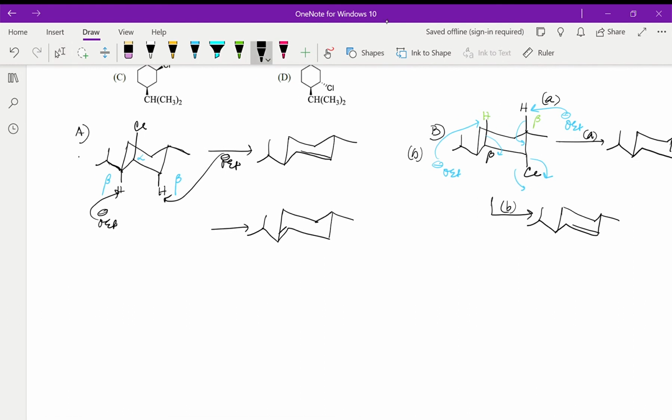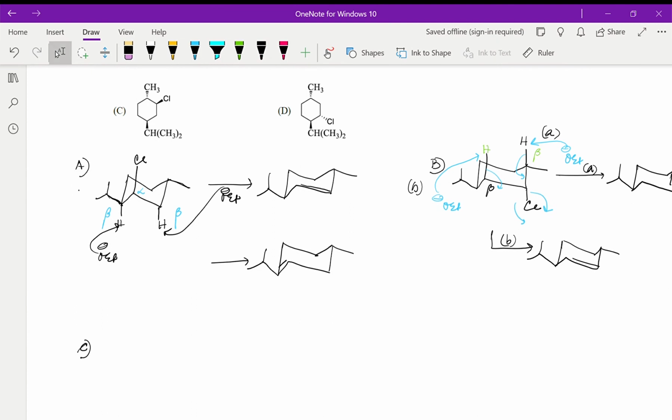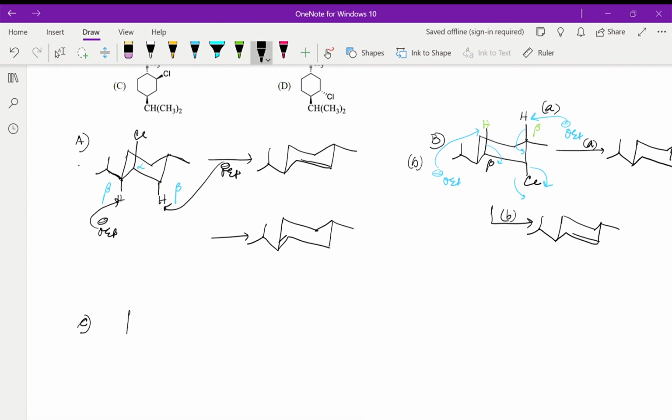Let's have a look at C. So out here for C, as we draw the chair form, keeping the stereochemistry in mind, that is methyl like this, again our isopropyl will be like that. So we have a Cl in that way and a H in that way.